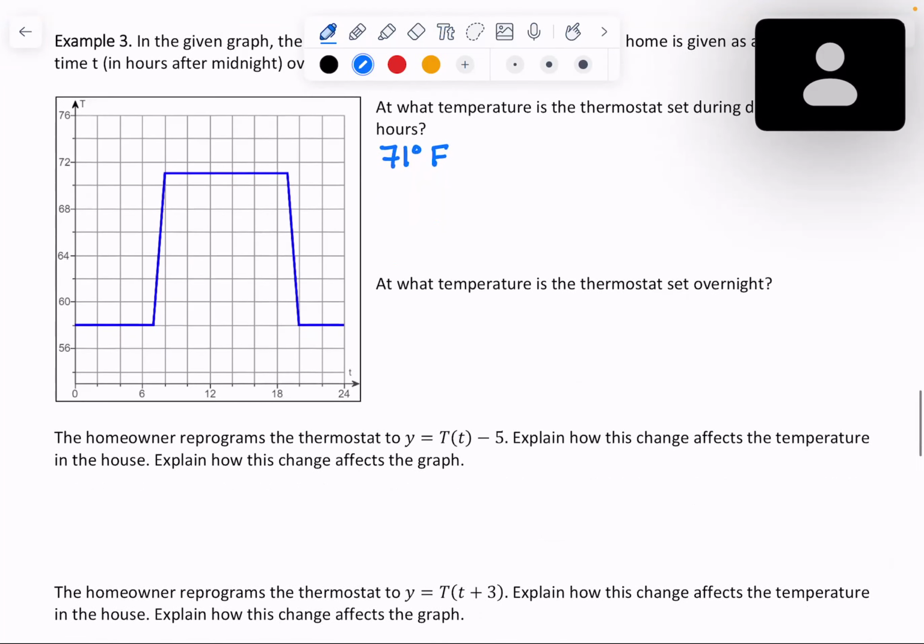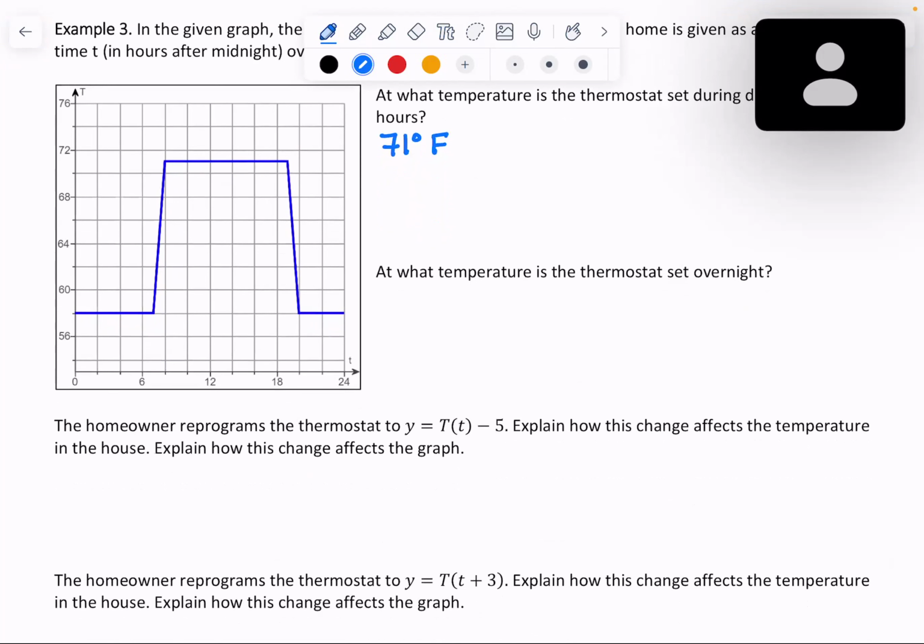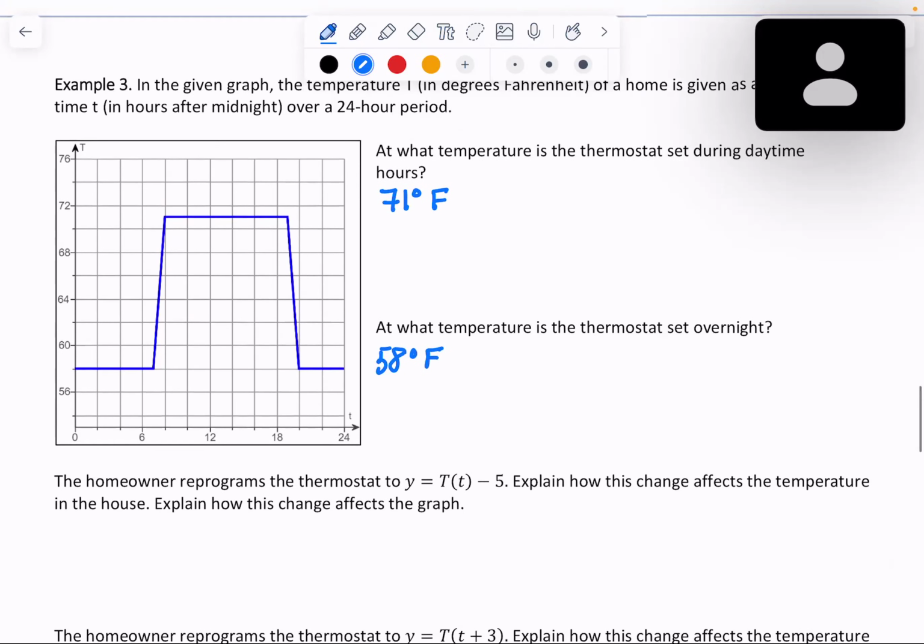What about during overnight hours? What's the temperature? 58 is correct, yeah. 58 degrees Fahrenheit. So those two are just reading where the horizontal lines are.